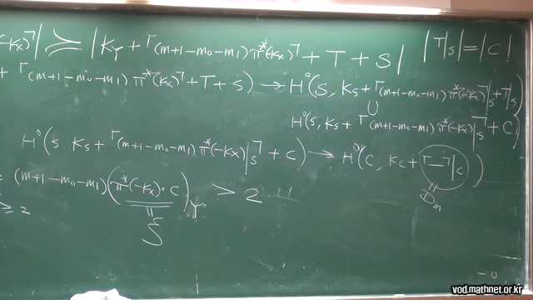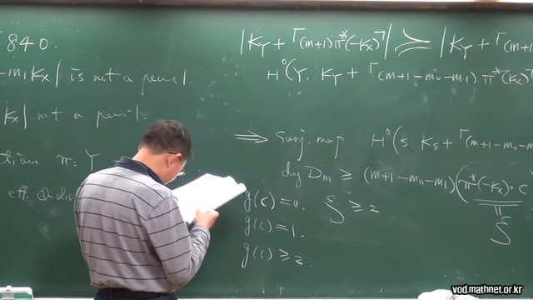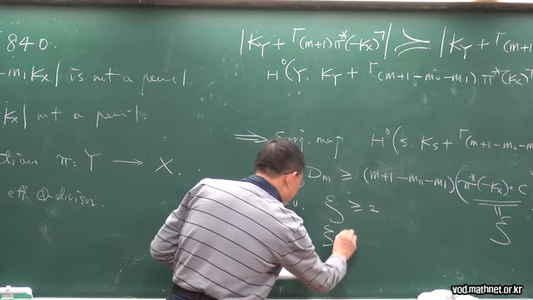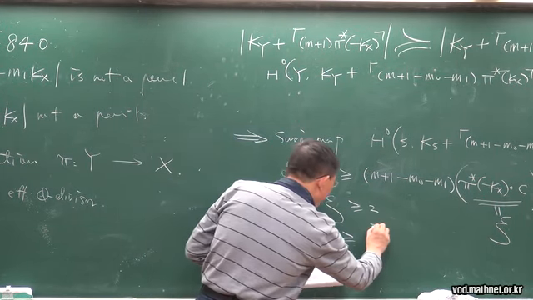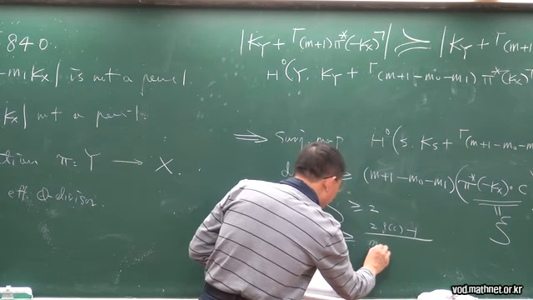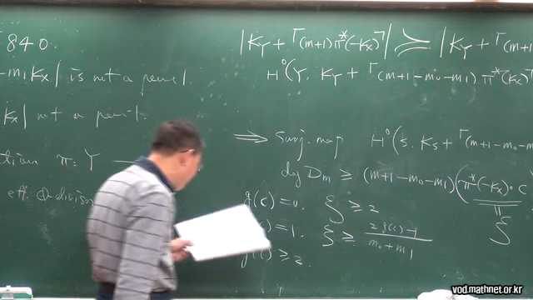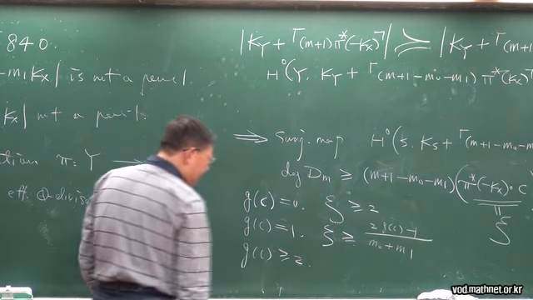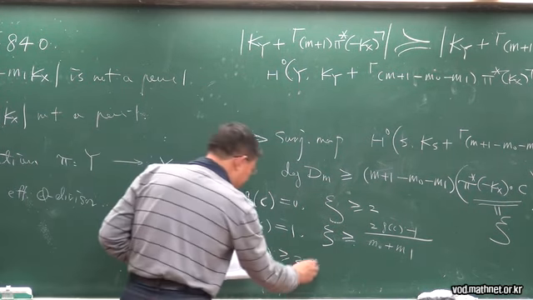For example, if g(C) is 1, we can say that this is (2g(C) - 1)/(m_0 + m_1). For this case it is slightly better than this.